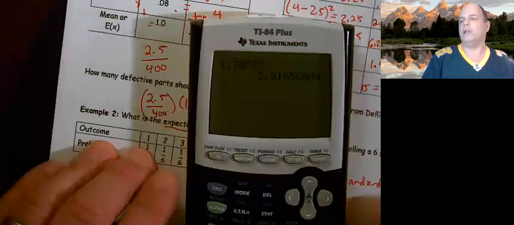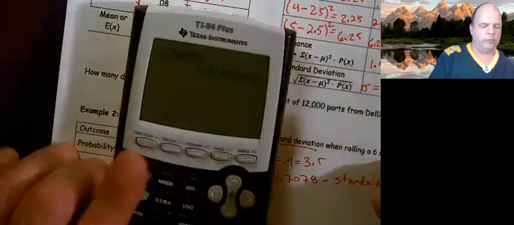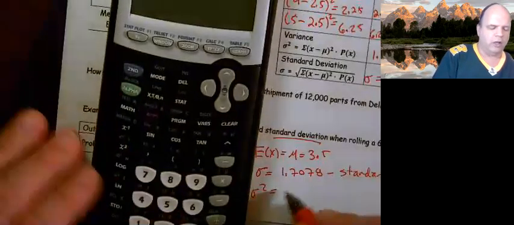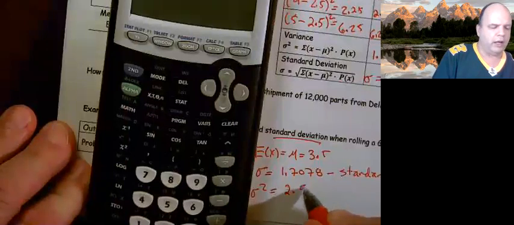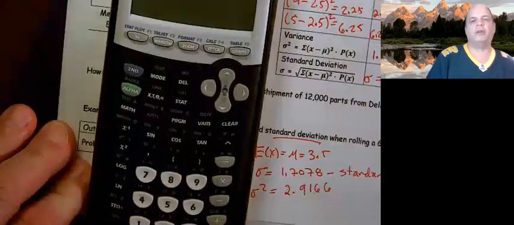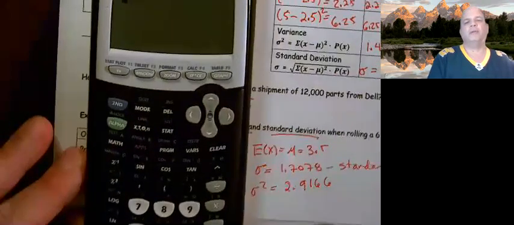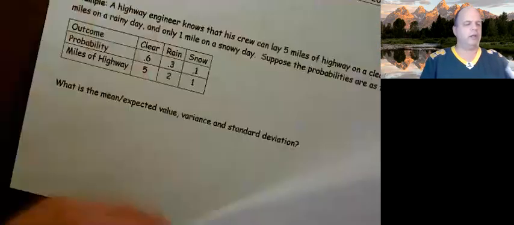And I get 2.916. I'm just going to round this to 2 places. So my variance is about 2.9166, and that's close enough within rounding. All right, moving on to the next page.